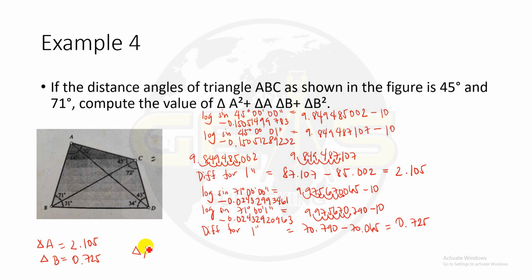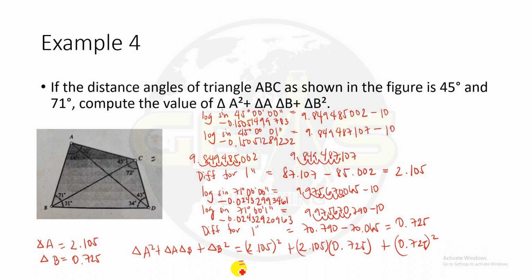Okay, so going back, delta A squared plus delta A, delta B plus delta B squared is equal to 2.105 squared plus 2.105 times 0.725 plus 0.725 squared is equal to 6.48.